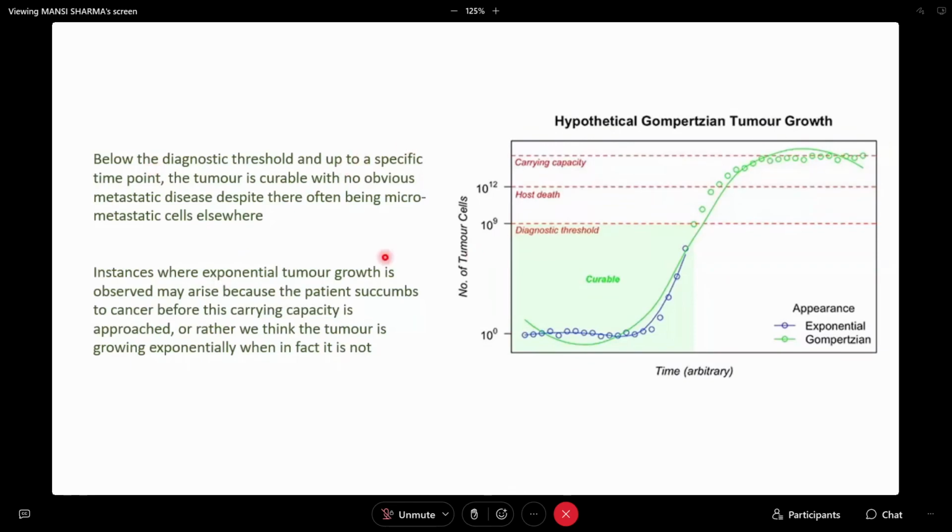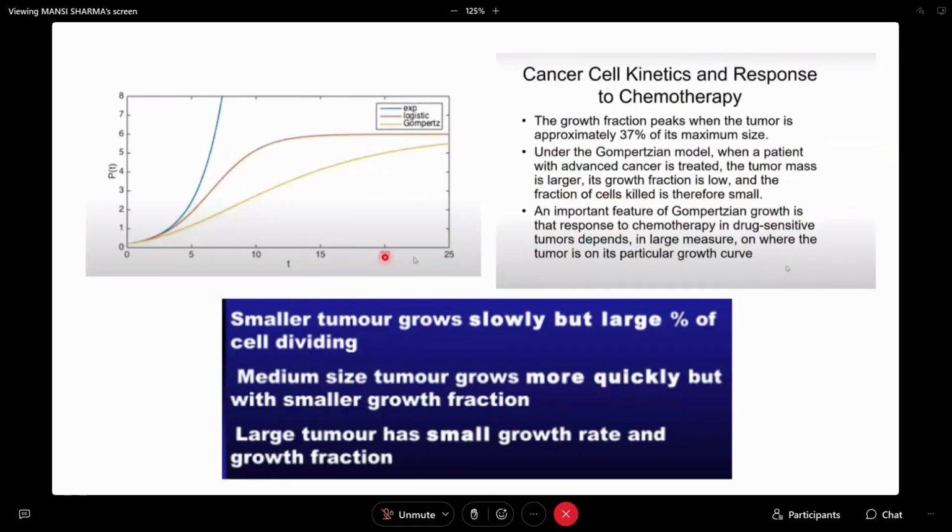We've already discussed this slide. Coming to the chemotherapy aspect of this particular growth curve. The growth fraction peaks when the tumor is approximately 37% of its maximum size. And under the Gompertzian model, when a patient with advanced cancer is treated, the tumor mass is larger, so its growth fraction is low, and the fraction of cells killed is therefore small.